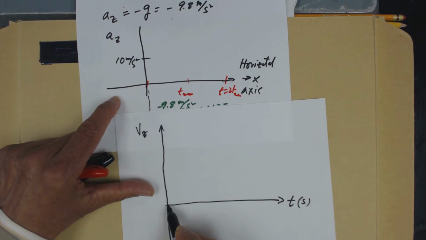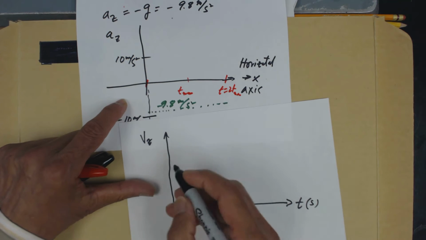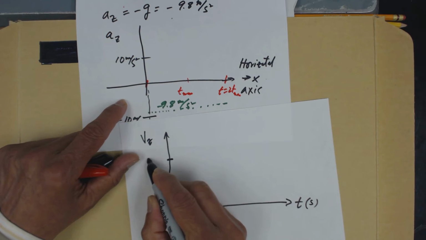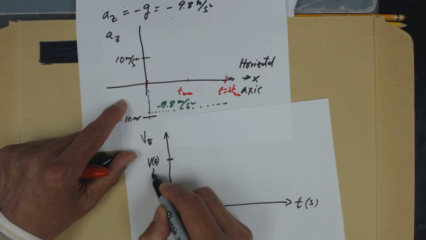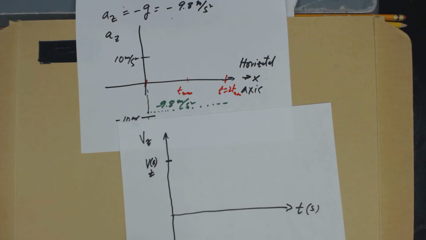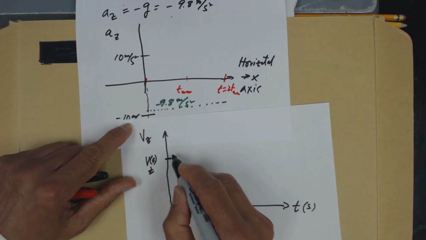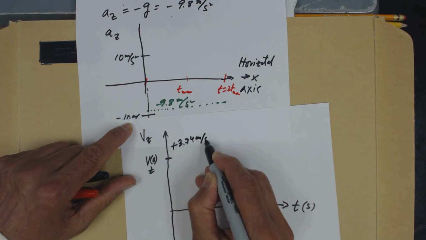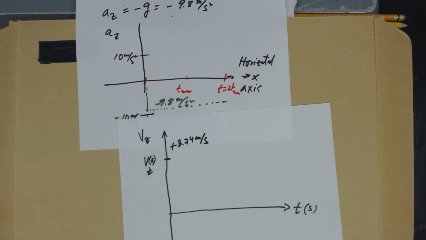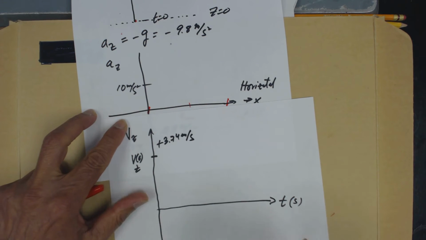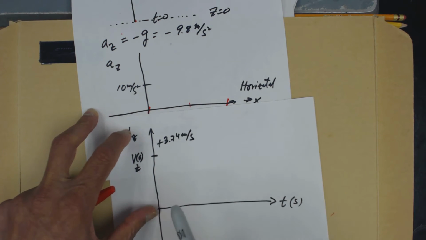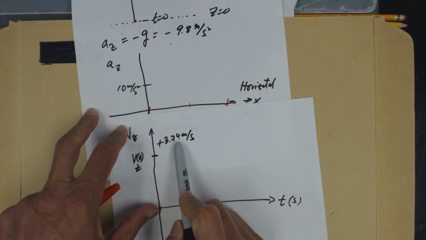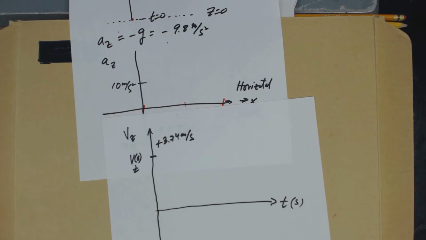At time t equal to 0, the velocity of the jumper was v0z, and the other day when we did the problem, I think we found it is plus 3.74 meter per second. So right away at t equal to 0, the jumper is moving up at 3.74 meters per second.